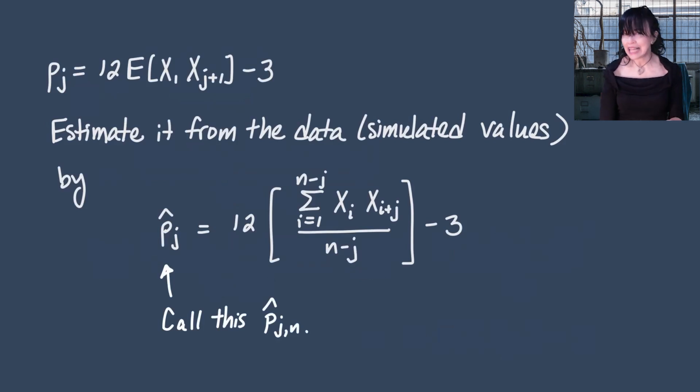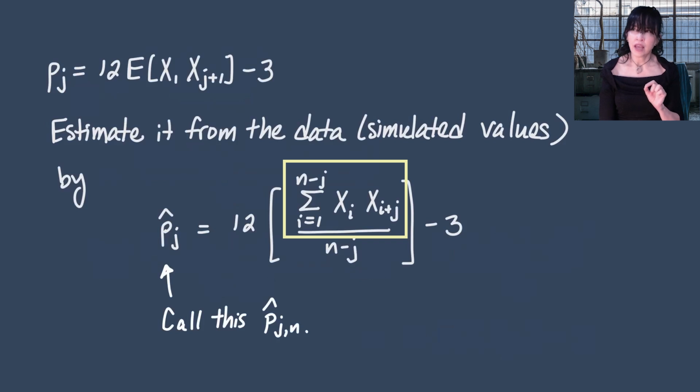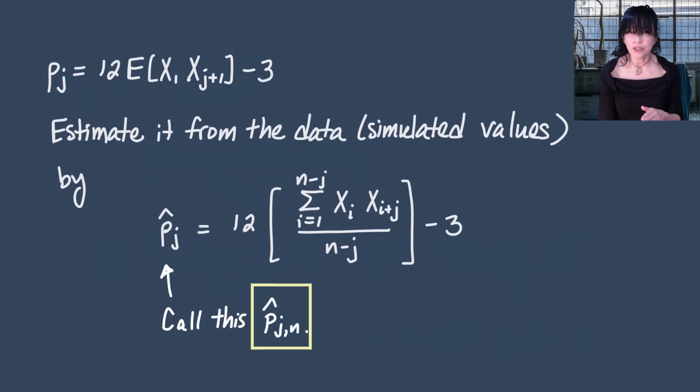And I claim that because of how it's formed with this sum in here, it actually follows, under the assumption of independence of these values and uniformity, because I've already plugged in some numbers related to the uniform distribution, I claim that this estimated lag J autocorrelation, which is a random variable at this point before I actually have the numbers, is, by the central limit theorem, approximately normally distributed for large sample sizes. Now, that is a serious amount of math stat work that we would have to do to show that.